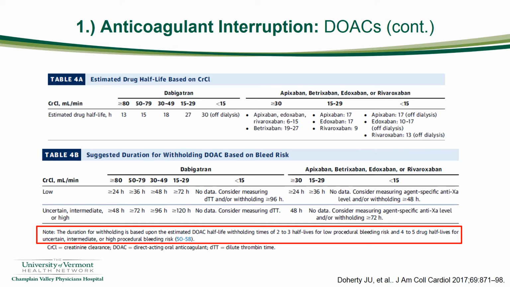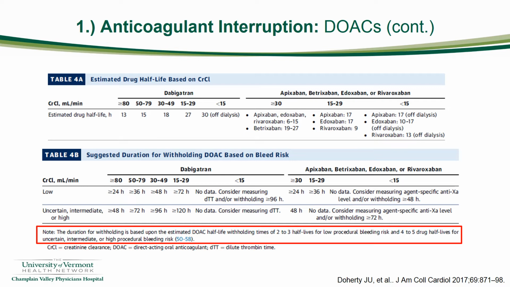Table 4B on the bottom has your suggested duration for withholding a DOAC based on procedural bleed risk. On the left-hand side, we have your low bleed risk procedures, and then you have your uncertain, intermediate, or high bleed risk procedures. Across the top, depending on your creatinine clearance as well as the agent the patient is taking, this will determine the period for withholding the DOAC prior to procedure.